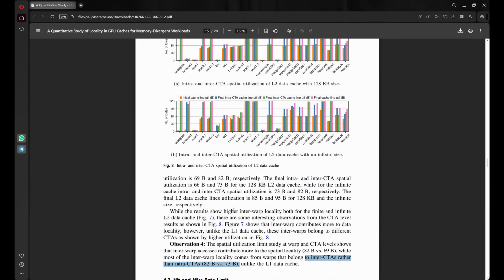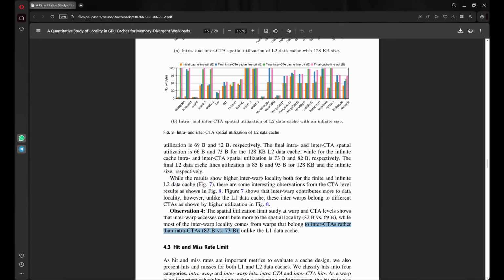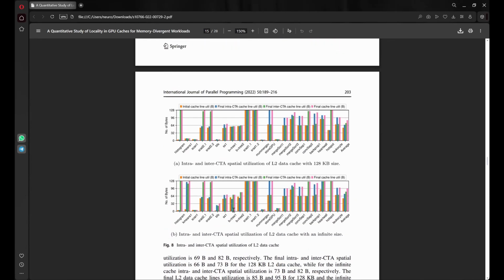And that's mostly attributed to the fact that L2 is a shared resource across all SMs. It doesn't have anything to do with the specifics of the code they're running. I mean, we can look at the graphs. Yeah, I'm sure it has somewhat to do with that.